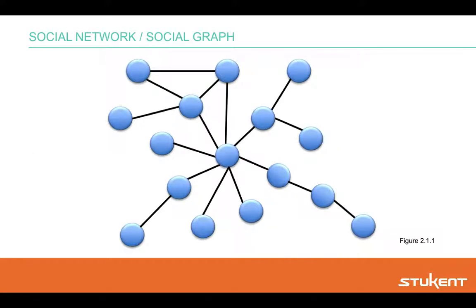If we take a look at this figure, imagine yourself as this circle in the middle. You're tied to a bunch of different people. Take, for instance, Facebook. You may be tied to somebody, and they may be tied to somebody else. Through that connection, you are initially tied to that second person.